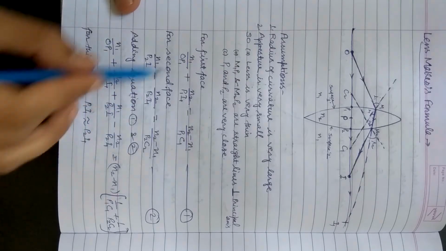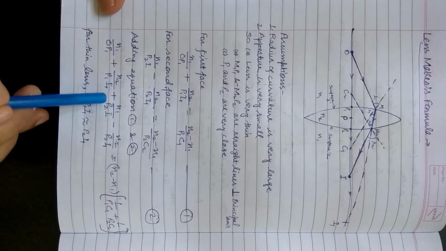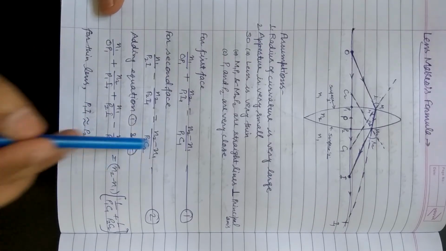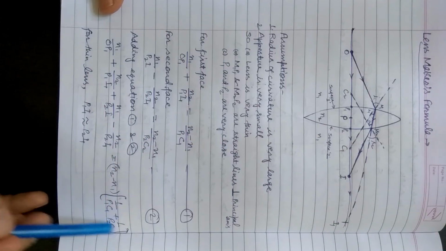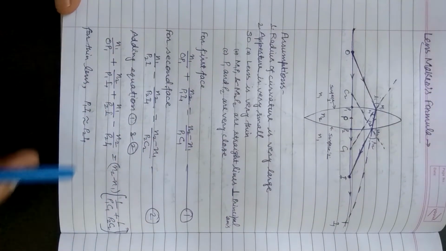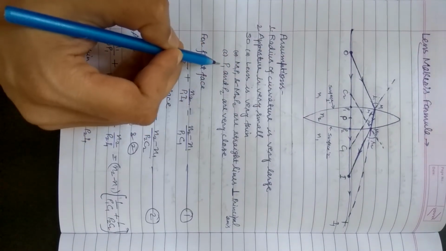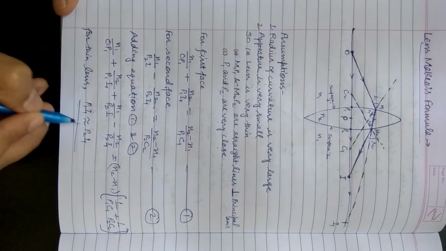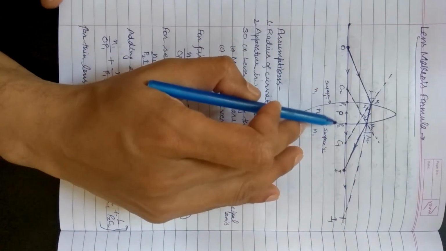Now adding these two equations: N1 upon OP1 plus N2 upon P1I1 plus N1 upon P2I minus N2 upon P2I1 equals N2 minus N1 taken as common, in brackets 1 upon P1C1 plus 1 upon P2C2. Now according to our assumption that the lens is very thin and P1 and P2 are very close, P1I1 and P2I1 should be very close to each other, approximately equal.